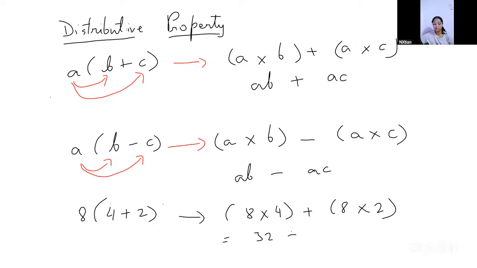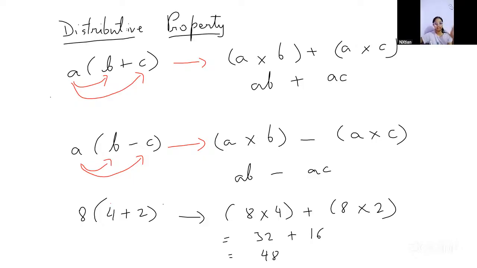Ma'am, 32. 32 and 16. And the total? 48. Yes, 48. So this is how you work out the distributive property.